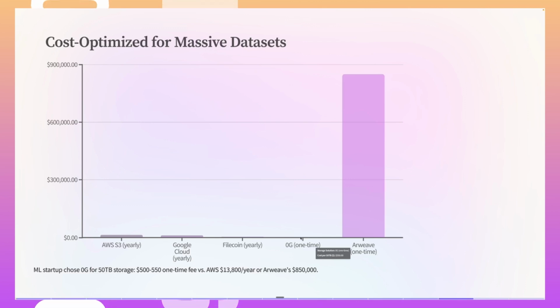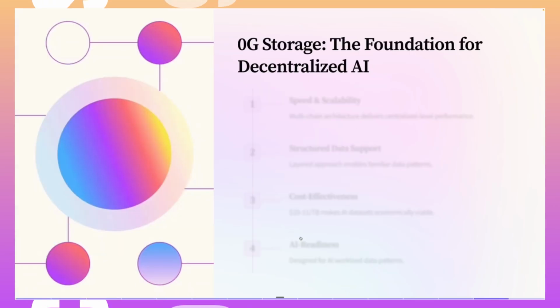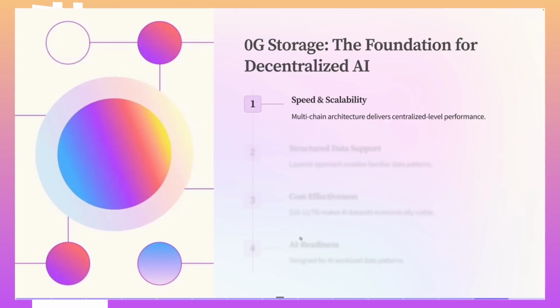So it is lesser than any centralized system and decentralized system. So with 0G, you can use the storage in a decentralized way, better than any centralized or decentralized system, in a faster manner, in an efficient manner, and in a cost efficient manner.